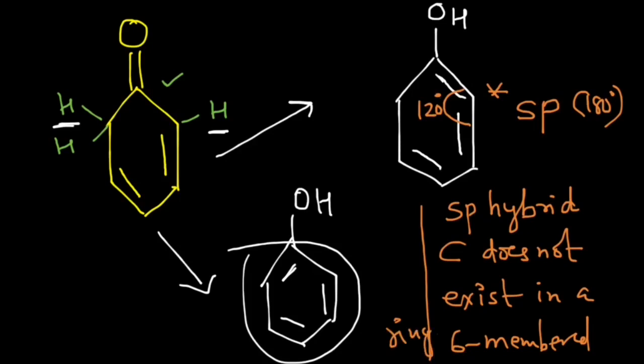So keep this rule in mind. Never draw an sp hybrid carbon in a 6-membered ring. So this product will not be formed.